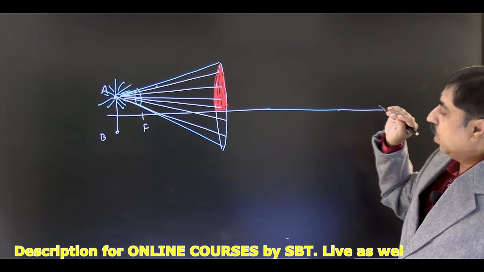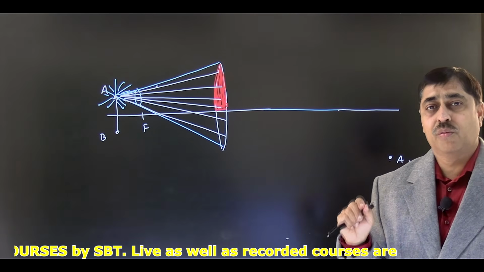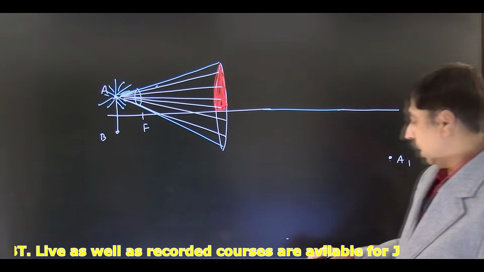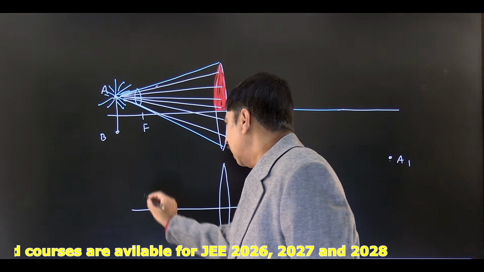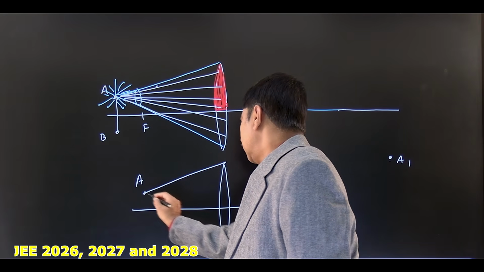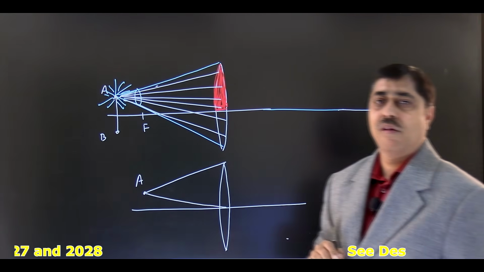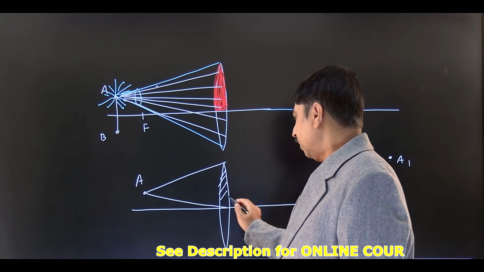Now, if you coat the upper half of the lens with an opaque material, then just focus on point A, this part of the light energy will not get transmitted, right? It has been blocked.